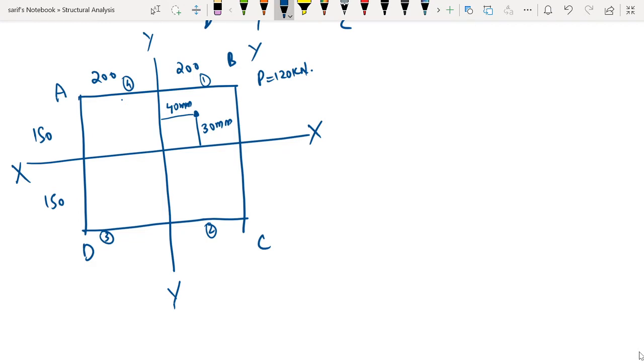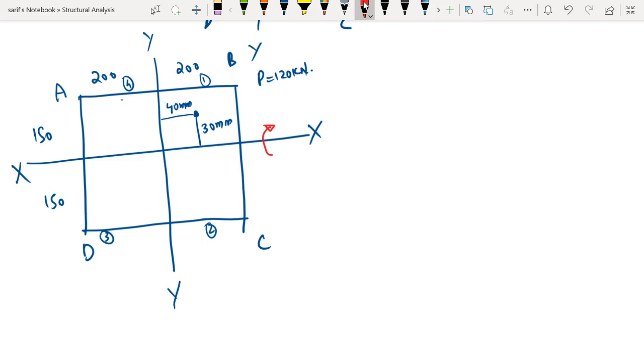Because the eccentricity is on this side and the load is acting downward, the moment would be like this. The top half would be in compression, and the bottom half will be in tension.